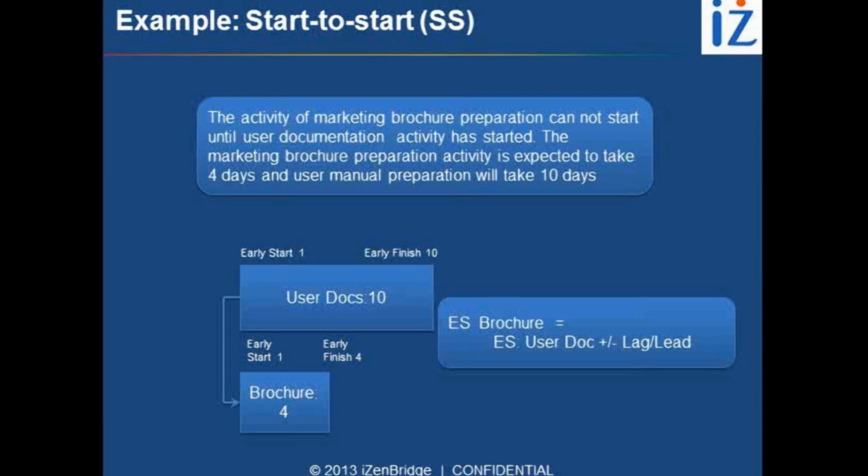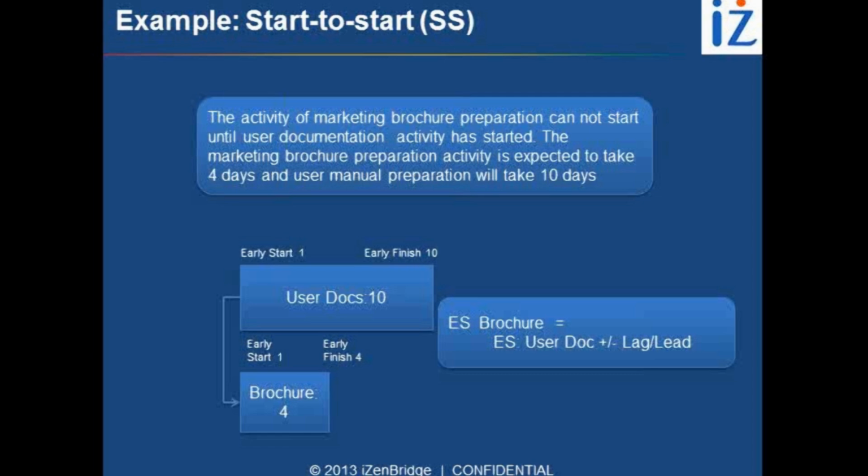Now, a simple example: the marketing brochure preparation activity cannot start until the user documentation activity has started. For example, you are talking about packaging a product and shipping it to the market. It requires marketing brochure preparation, etc. You have designed it in a way that the marketing department is waiting for the user documentation department to start, and they have made a rule that we can't start making a brochure until the user manual work has started.